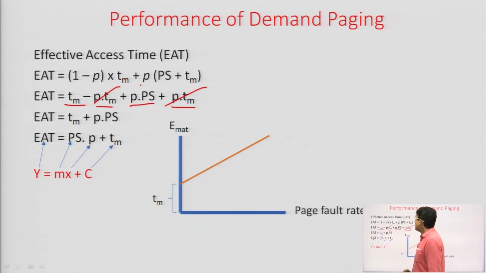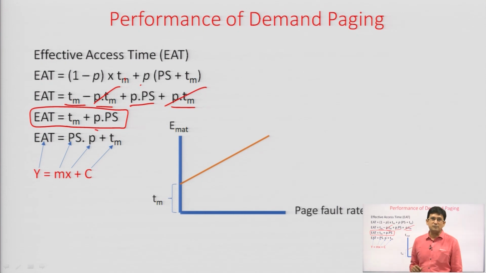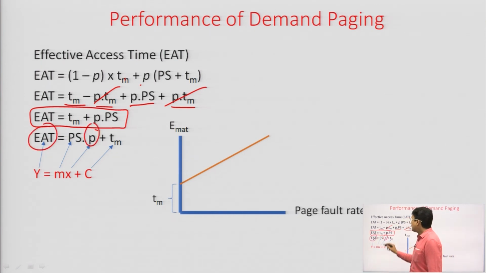These two will get cancelled out and we will remain with Tm plus p into Ps. If we rewrite it as Ps into p plus Tm, here p is the page fault rate, which will keep changing according to the system. So this is a variable. Effective memory access time will also be a variable. The two variables are effective access time and page fault rate, but the constants are the page fault service time and the memory access time.